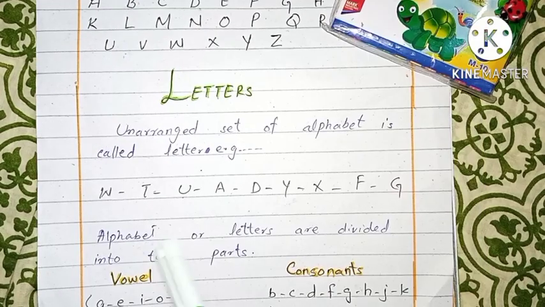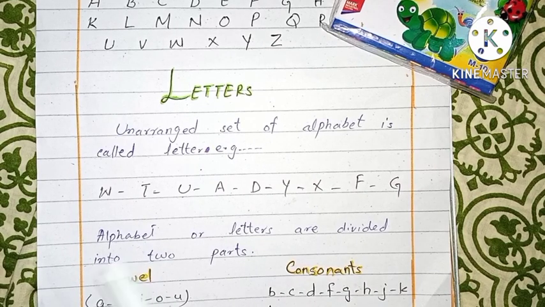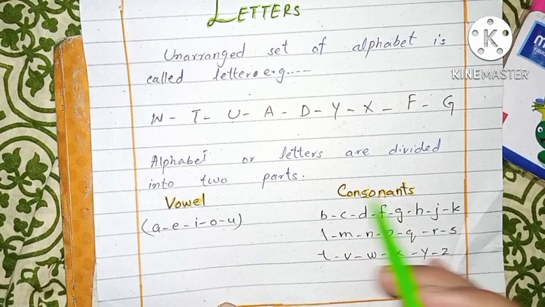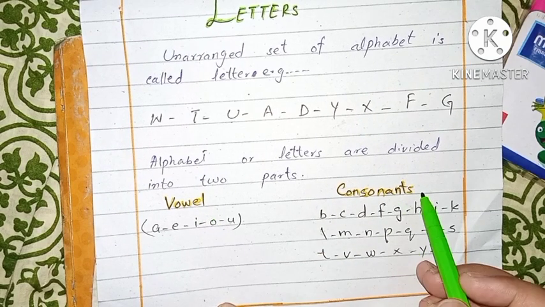If we want to know more, alphabet or letters are divided into two parts: vowels and consonants. Now, how many vowels and how many consonants?